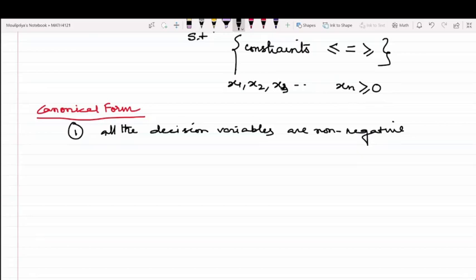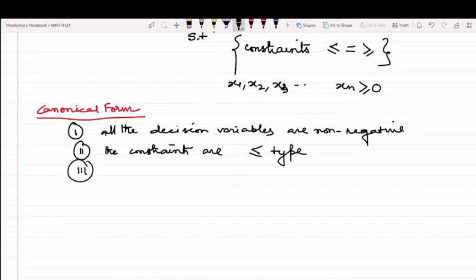What else? Number two, the constraints are less or equal to type. And number three, the objective function is of maximization type.